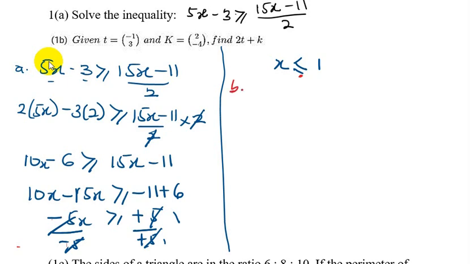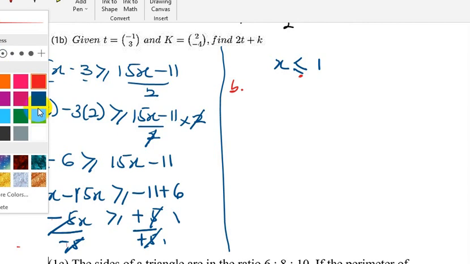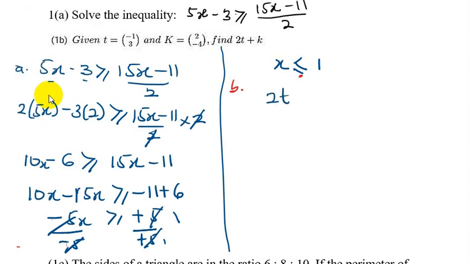Now the B part says that given that t equals (negative 1, 3) and k equals (2, negative 4), we should find 2t minus k. So let's just substitute. We have 2 bracket t, which is (minus 1, 3), then we close it, minus k, where k is (2, minus 4).